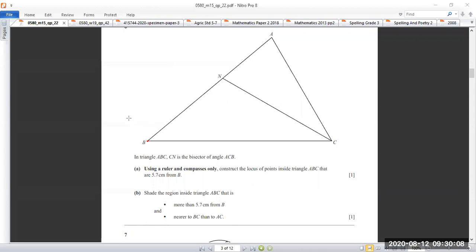5 centimeters from B. Something like that. Just trying to come up with a circle.